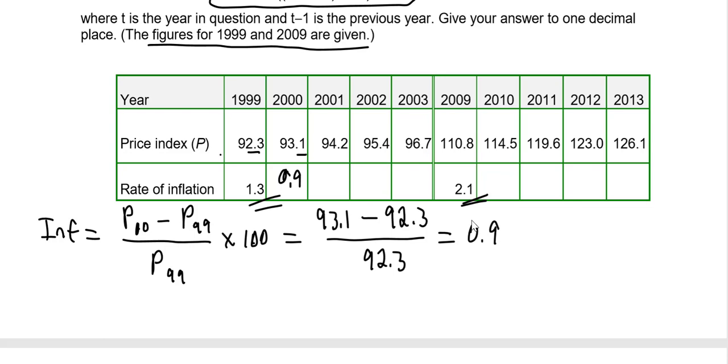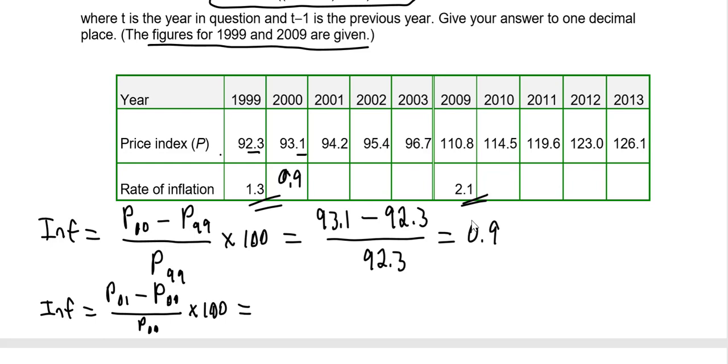Next, let's calculate the inflation for the next year. This is going to be the price for 2001 minus the price for 2000, over the price for 2000, times 100.